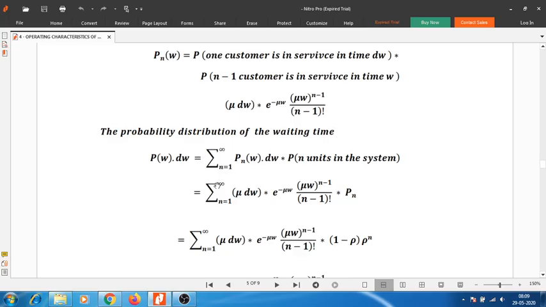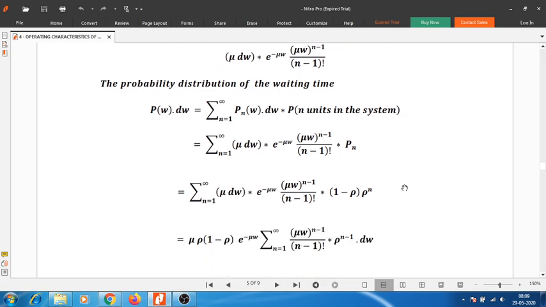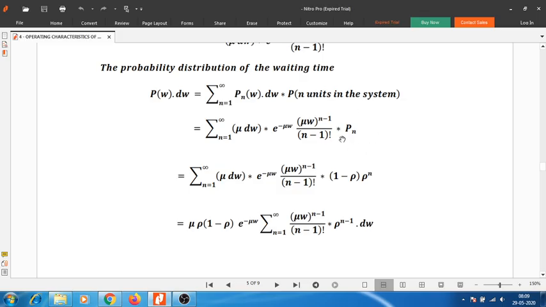You observe it. Summation as usual I am writing. This term into dW and the respective probability function. What is the respective probability function? It is nothing but the steady state solution, that is Pn. What is Pn generally? 1 minus rho into rho power n.